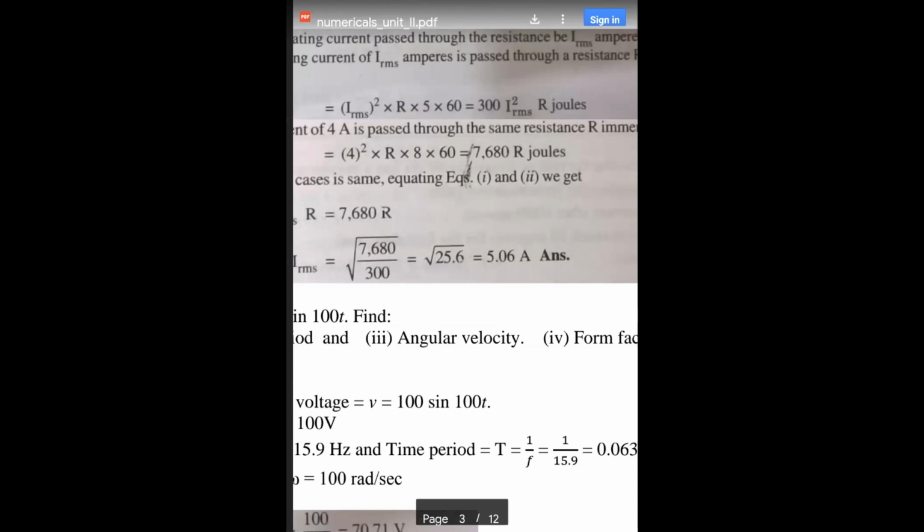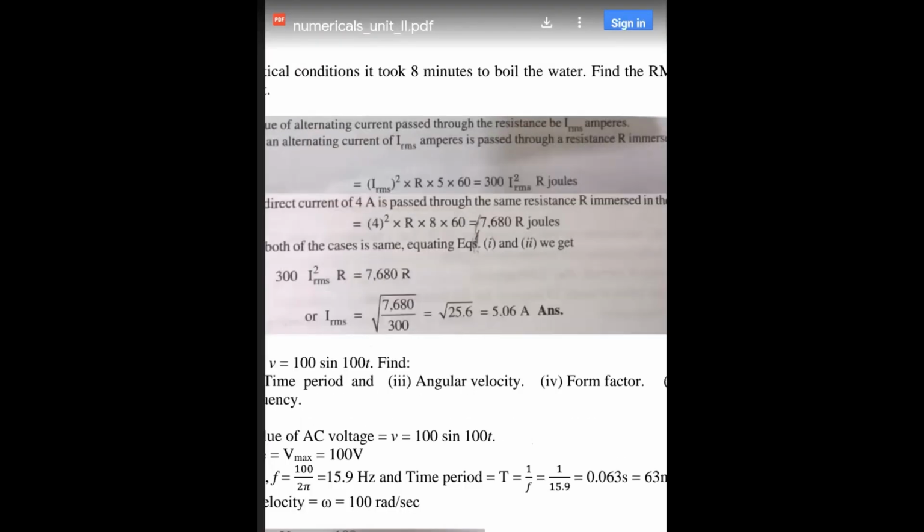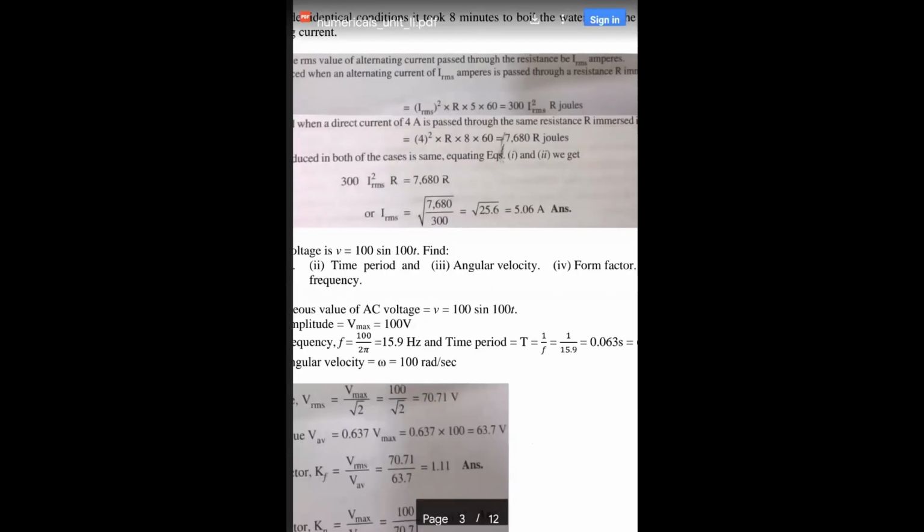So I square, that is 4 square into R into 8 into 60. Okay, so now both these heat energies are same. So we will equate them, resistance gets cancelled out, and we get the answer of RMS current as 5.06 amperes.